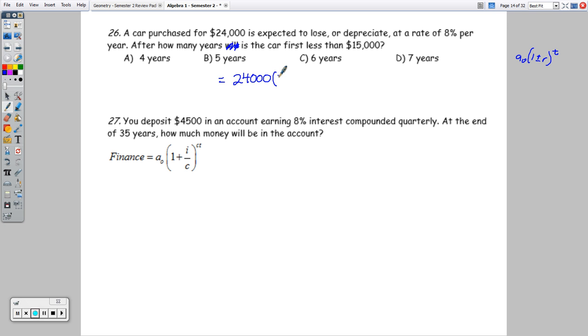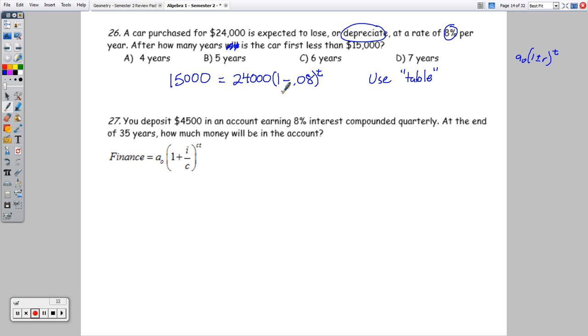So we have 1, it's depreciating at a rate of 8%, so we'd have minus 0.08, and we're trying to figure out after how many years that is. So that's x or t, time in years. And then we're going to look in a calculator using the table button. We'd use that here to figure out when this happens for the first time.